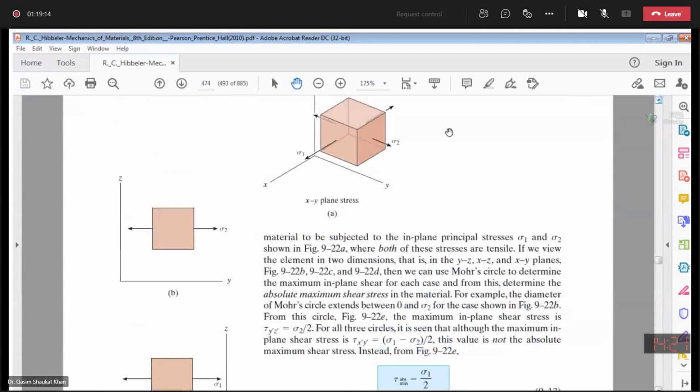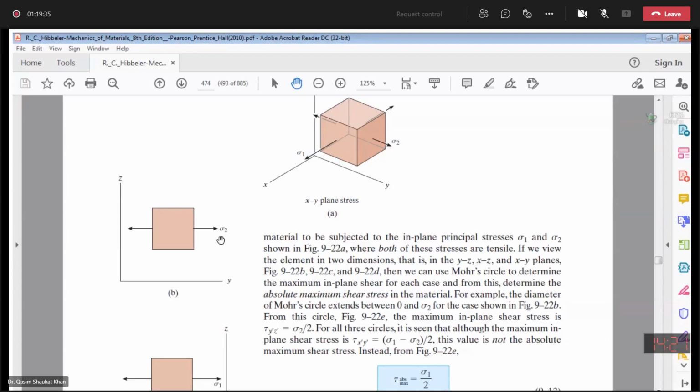So everyone agrees with these three possible figures, B, C, and D. We have this plane stress, biaxial stress state, and we have split it into the zy, zx, and xy planes. Does everyone agree with these three figures?